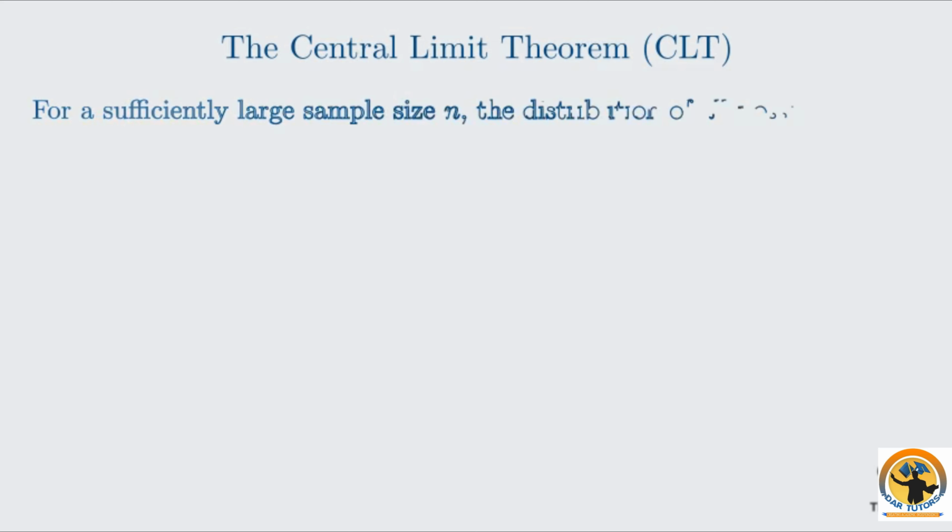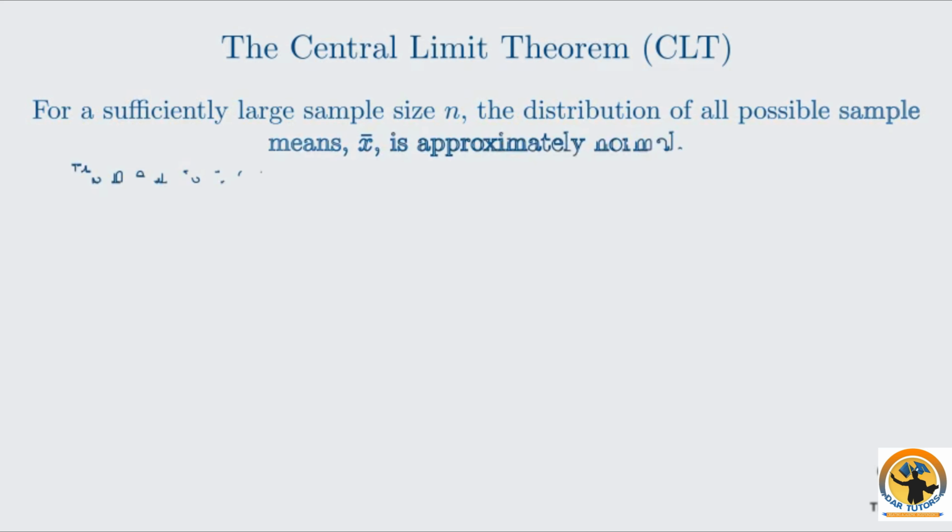How do we construct these intervals? The foundation for confidence intervals is the central limit theorem. The central limit theorem, or CLT, states that for a sufficiently large sample size n, the distribution of all possible sample means, X bar, is approximately normal. Its mean is the population mean M, and its standard deviation is the population standard deviation sigma, divided by the square root of the sample size n.